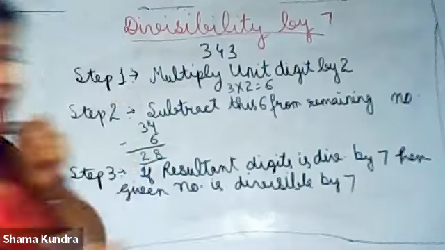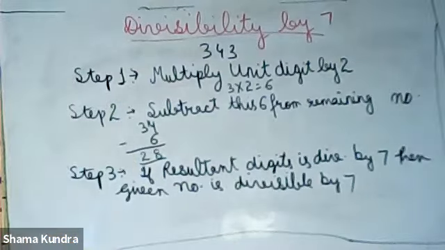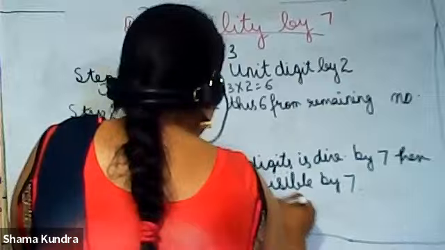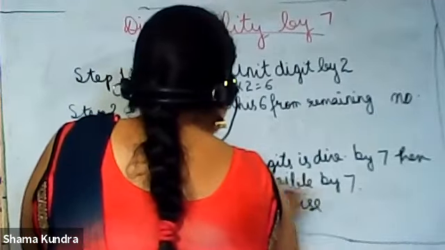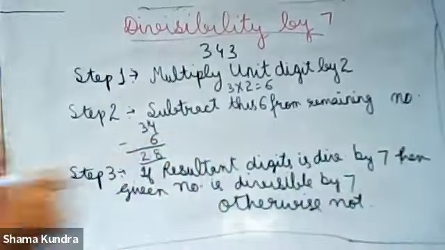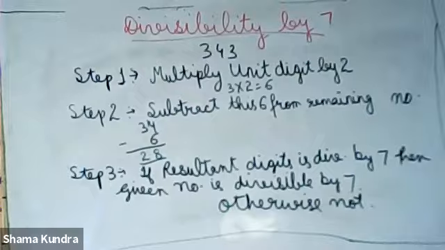Here 28 is divisible by 7, so the given number is divisible by 7. Otherwise not. Otherwise not means if the resultant digits is not divisible by 7, then the given number is not divisible by 7.